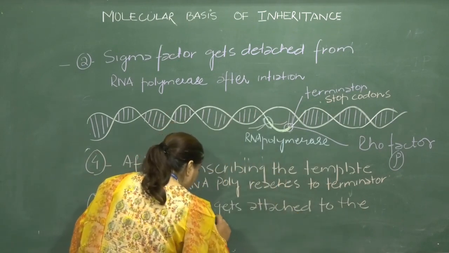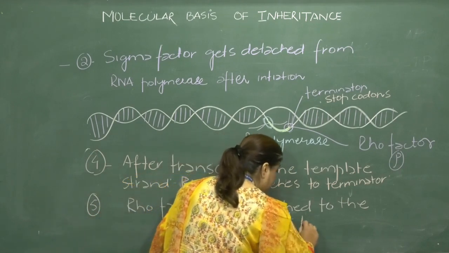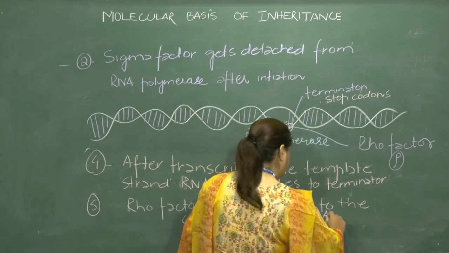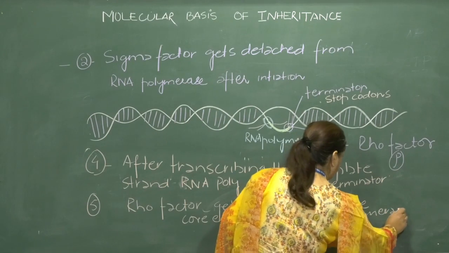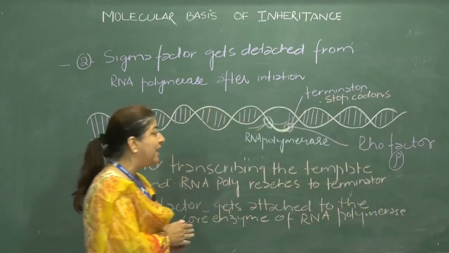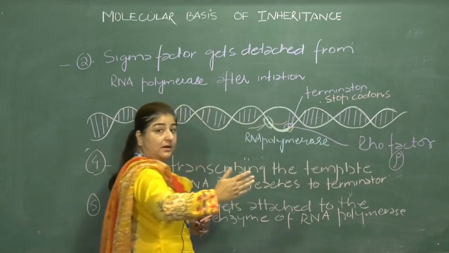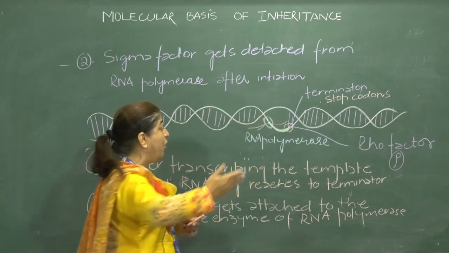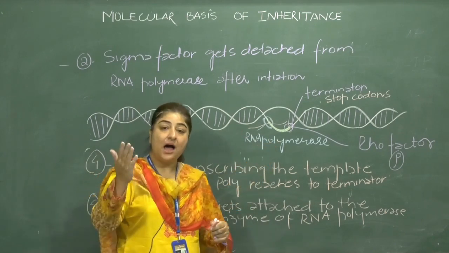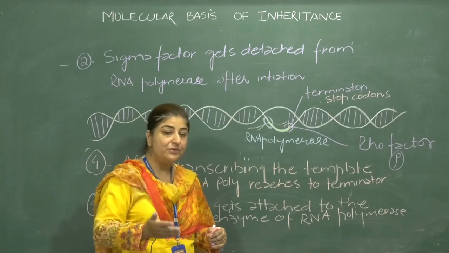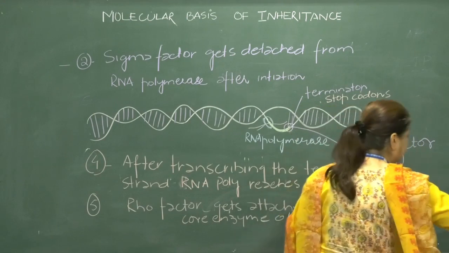Once the rho factor gets attached, the transcribing activity of the RNA polymerase ceases. That means the RNA polymerase is now not able to transcribe. It stops here.